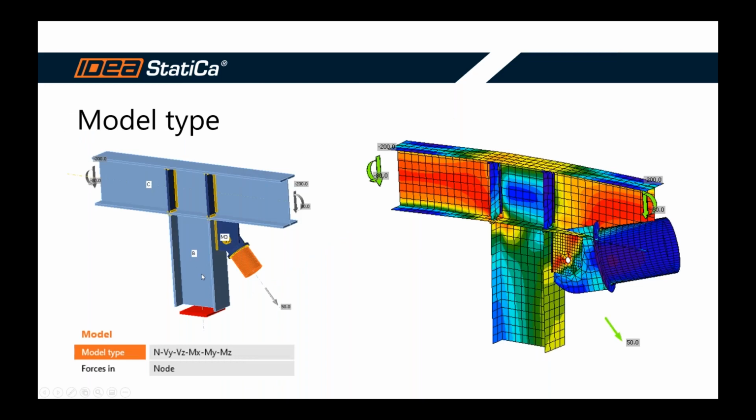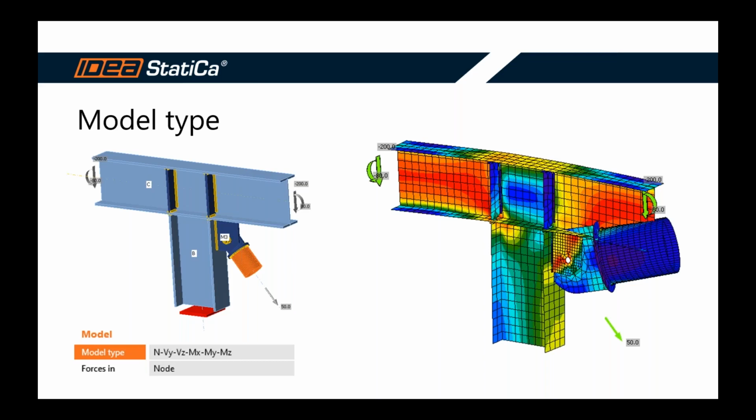I have 2 slides about another important thing that you need to know when modeling shear or pinned connections. For pin connections, we have to change the model type because the pin itself doesn't have any rotational stiffness.